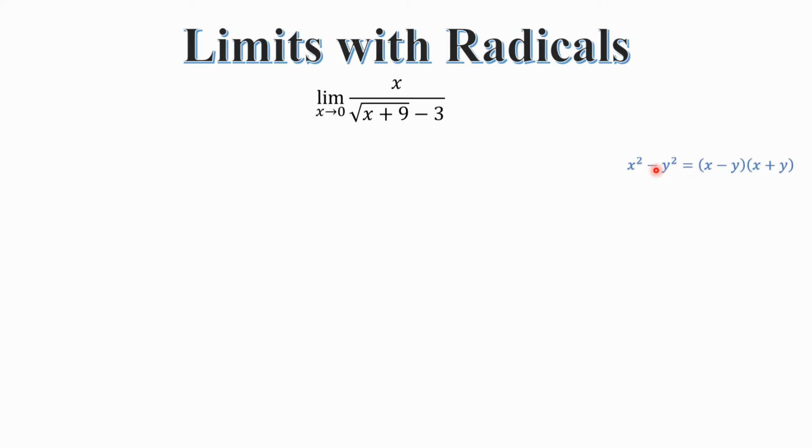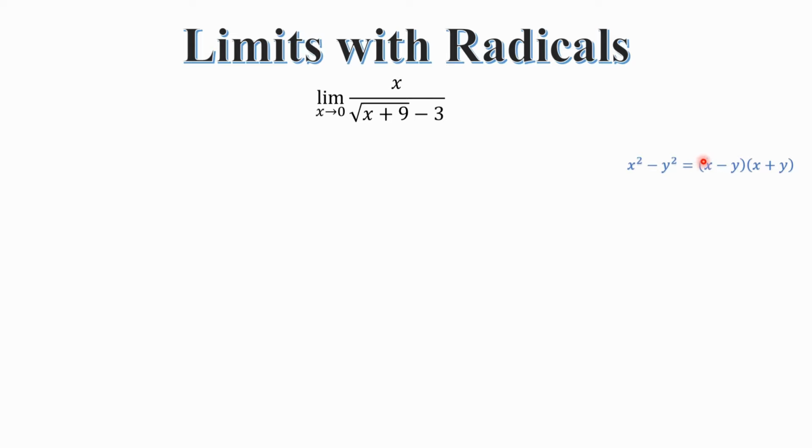The factor of a difference of squares is what they call conjugate pairs. Conjugate pairs are two binomials with the same content. However, there is a difference in sign. One is going to be minus, one is going to be plus.